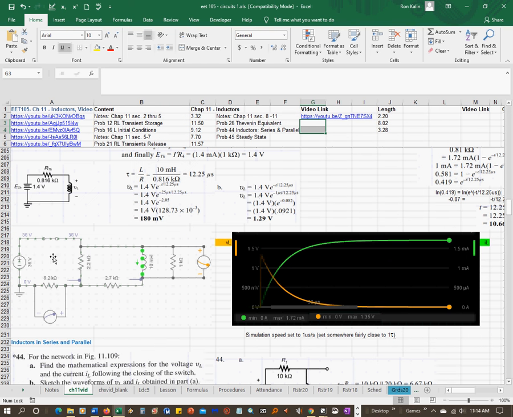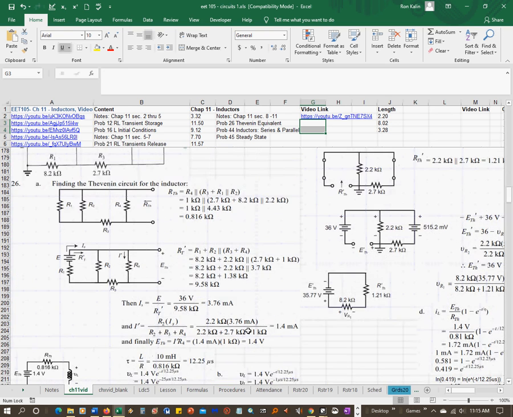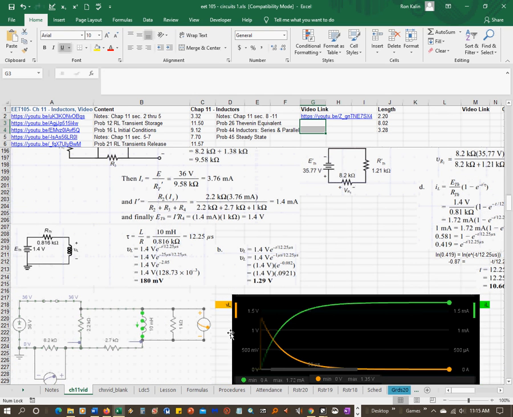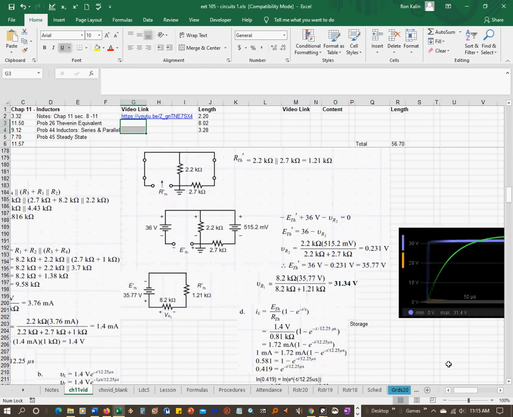So I drew this circuit in Every Circuit, looking for the current through and the voltage across the inductor, and then this was what I got. I set my simulation speed to 1 microsecond per second because I knew the tau was roughly around there, or at least one of the taus was.